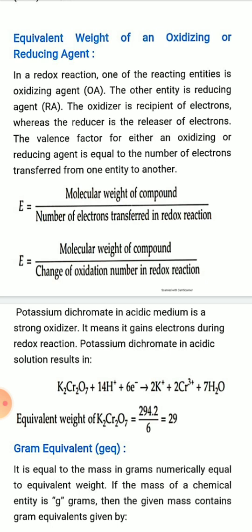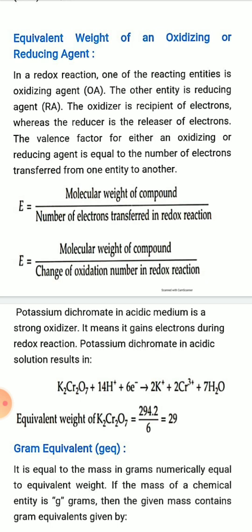The oxidizing agent oxidizes the other substance, and the reducing agent reduces the other substance. So how to calculate the equivalent weight of oxidizing and reducing agents?